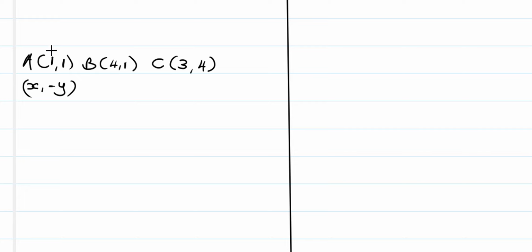Here we have the x and y coordinates for the first point, then for the second point, then for the third point. So we need to retain all the x coordinates but change all the y coordinates to negative.